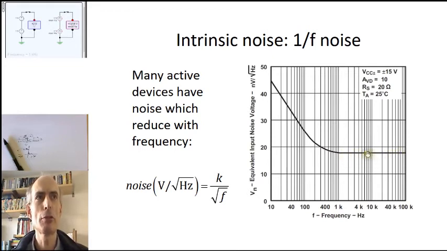So it's kind of looking like white noise above 1 kHz. Below 1 kHz, however, there is an increasing amount of noise at lower frequencies. That is the effect of the 1/f noise, where the noise in volts per root hertz is proportional to 1 over the square root of the frequency, so that the noise power is proportional to 1 over the frequency, which is why it's called 1 over f noise.